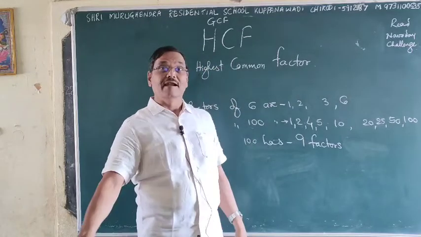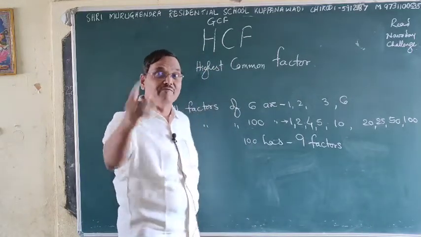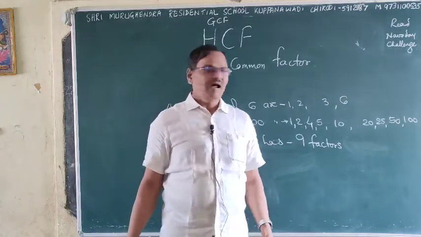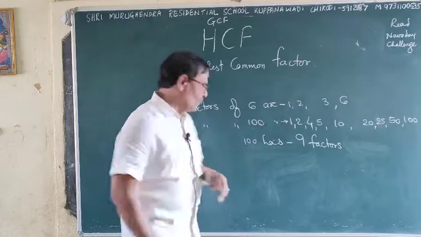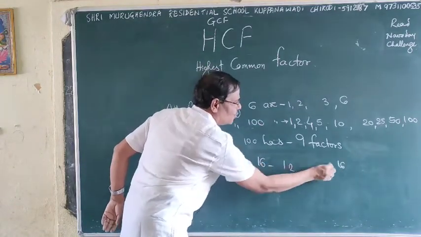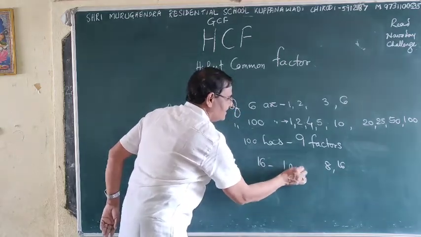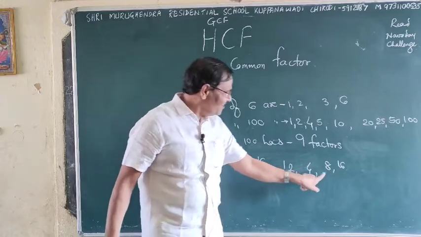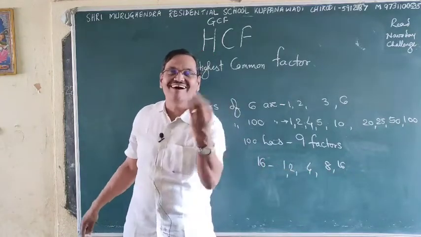Another, you can go for 16: 1 times 16, 2 times 8, 3 no, 4 times 4. See, 1, 2, 3, 4, 5, 5 is odd.